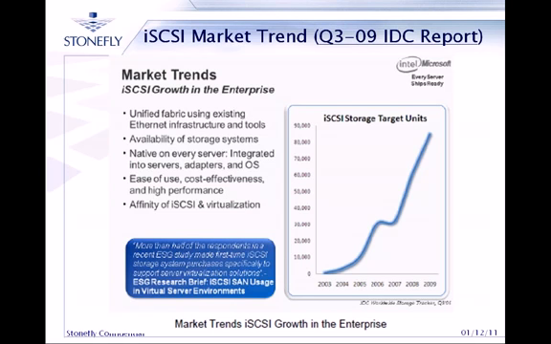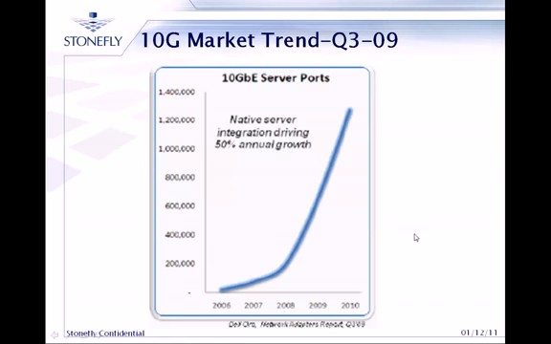iSCSI market trend: this chart shows that from 2003 to 2009, the number of iSCSI target units has been skyrocketing. Along with the iSCSI market, 10 gig Ethernet has been growing, and this chart shows the number of 10 gig server ports since 2006. As you see, it has grown a lot.